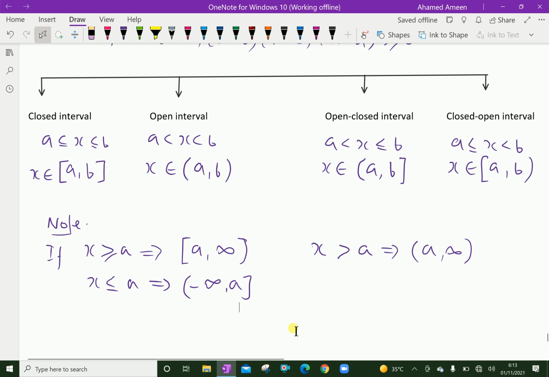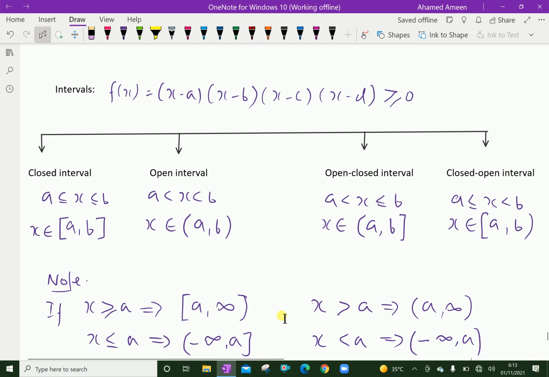Then x is lesser than a, which means minus infinity to a. So these are the conditions for describing intervals.